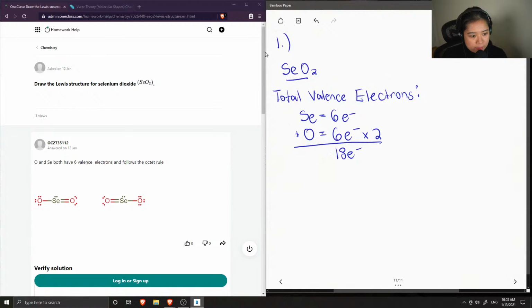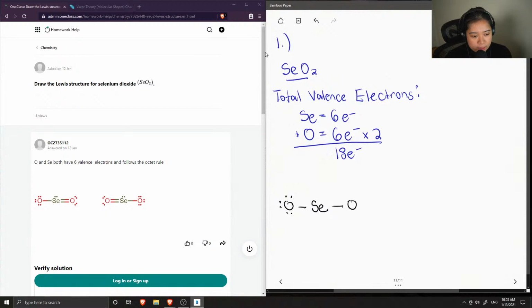So now let's write selenium as our central atom. First, let's start off by drawing 2 single bonds to oxygen. Now I'm going to fill in all of my lone pairs.